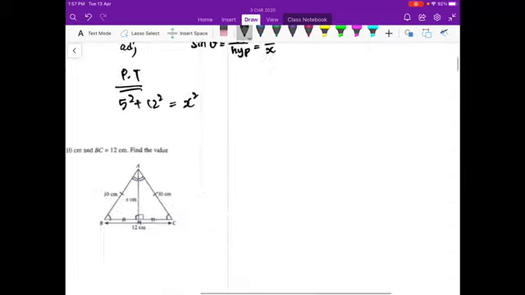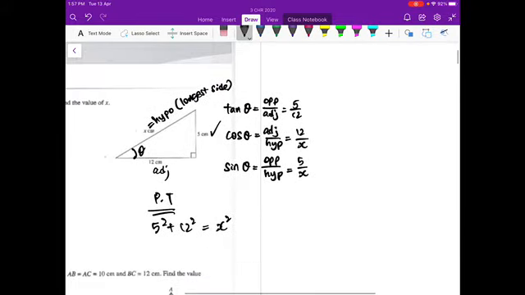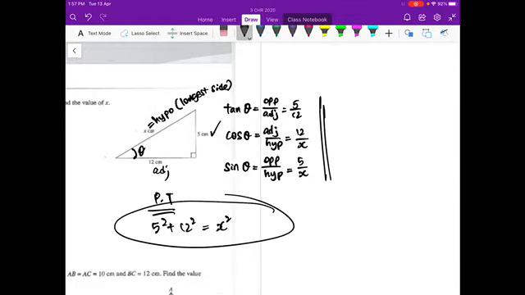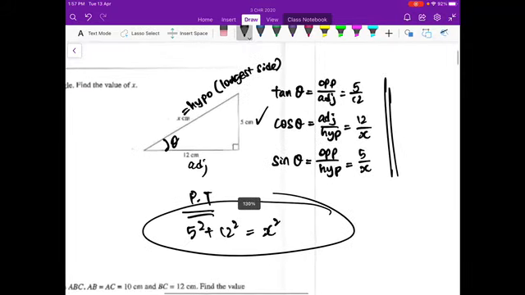What do you want to use to find the value of x? One of the trigo ratios, or do you want to use Pythagoras theorem? Which one to find x? Pythagoras theorem.